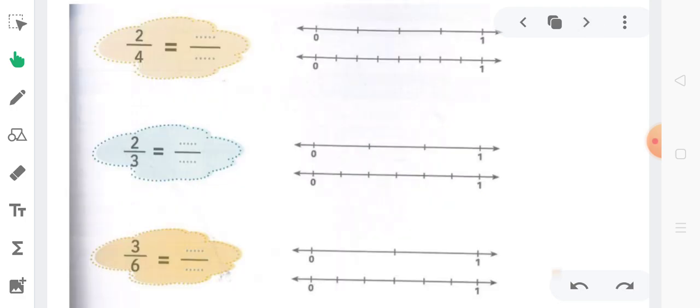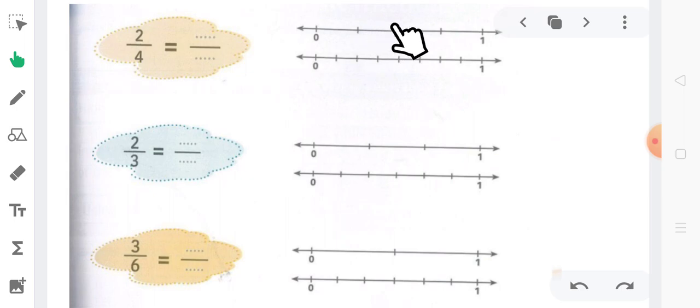Okay, let's see the next. How can we get the equivalent fraction using the number line? 2/4. So I'm gonna represent the first fraction in the first number line. Look here, 0. It's cut into how many parts? This is 1. We drop 0 and we don't count 0.